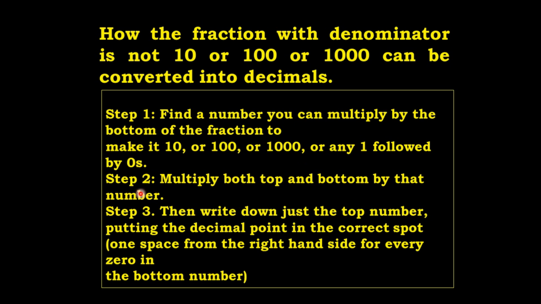And then, number 2, multiply both top and bottom by that number. Then number 3, write down just the top number, putting the decimal point in the correct spot, one space from the right hand side for every zero in the bottom number. Right?